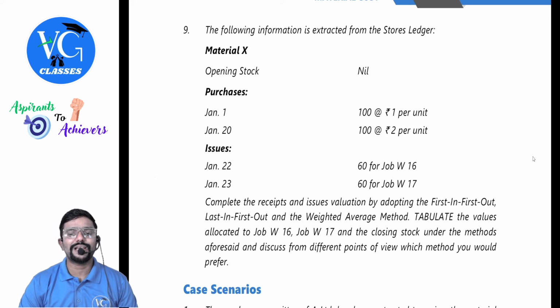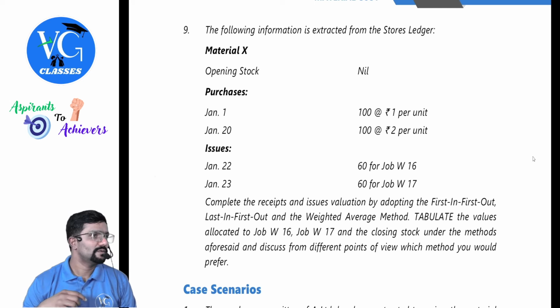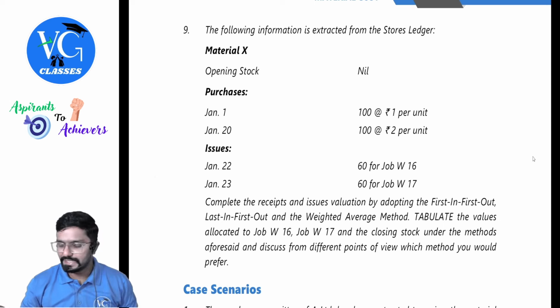Complete the receipts and issues valuation by adopting the first in, first out method, last in, first out method, weighted average method. Tabulate the values allocated to job W16, W17 and the closing stock under the methods aforesaid and discuss from different points of view which method you would prefer. Which method would you prefer, guys?